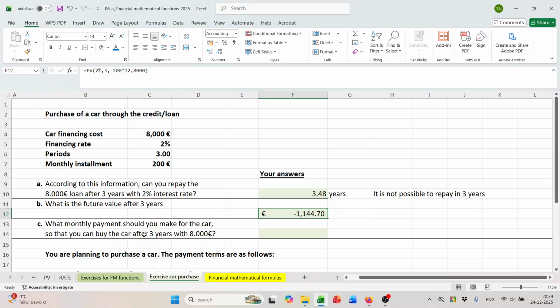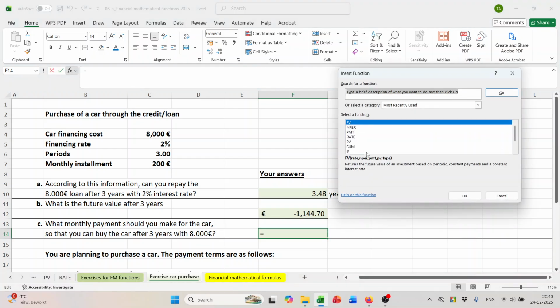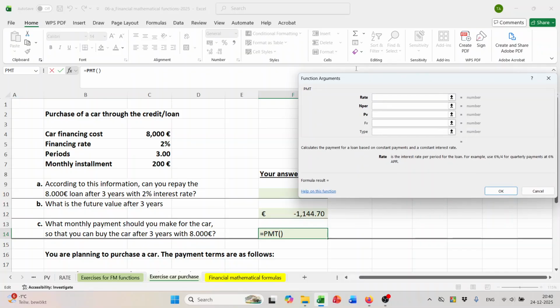So what monthly payment should we make for the car so that we can buy the car after 3 years with 8,000 euro? So I have to calculate the PMT so that the 8,000 euro can be repaid within 3 years. The future value will be 0 here. We have to calculate the PMT, the monthly payment. Our rate is 2%. End period is 3 years. Present value is 8,000 euro. And we want our future value to be 0.